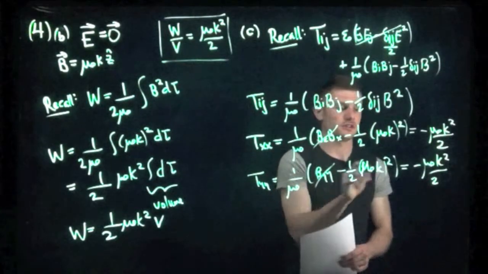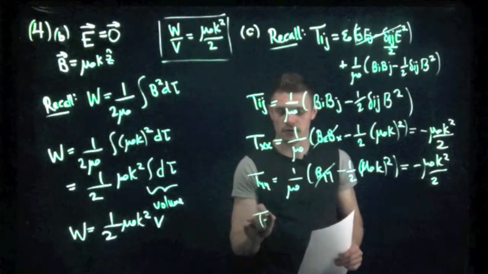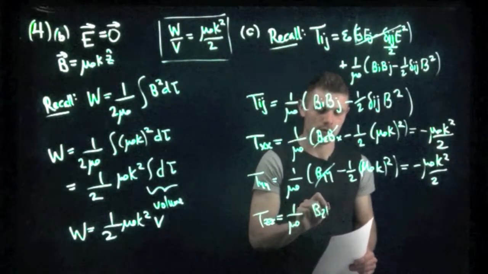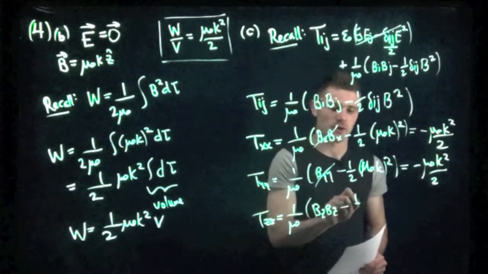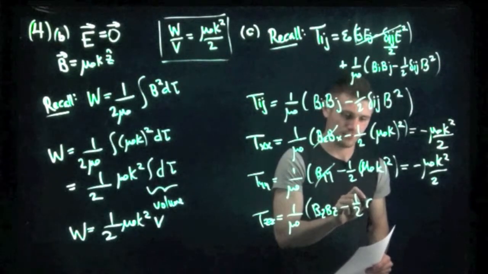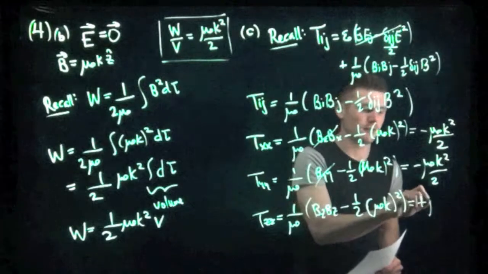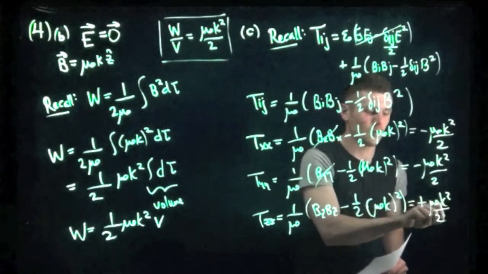And then finally, T_zz is 1 over mu naught B_z B_z minus 1/2 mu naught k squared, which is equal to positive mu naught k squared over 2.